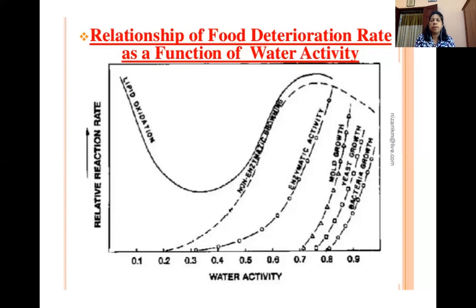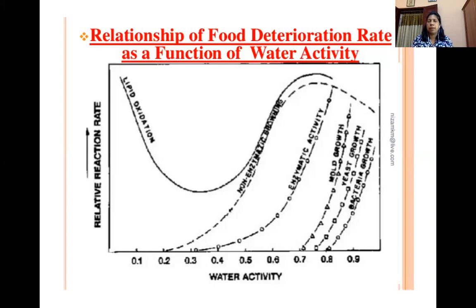In the lipid oxidation case, as I discussed earlier, it decreases up to 0.3 water activity and then increases up to 0.8, and later on we are not talking about lipid oxidation, because high water activity means a higher moisture content in the product.